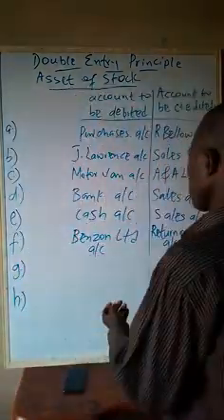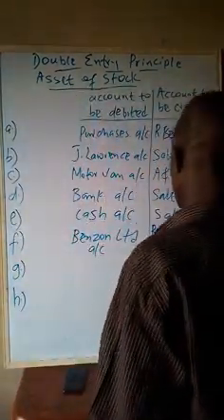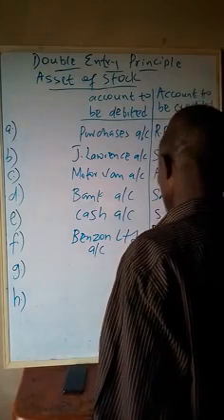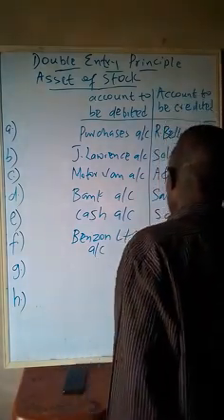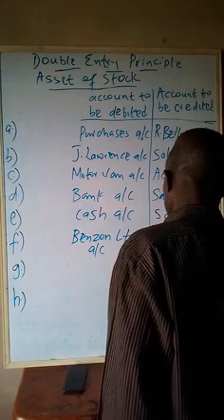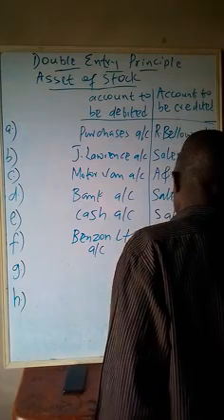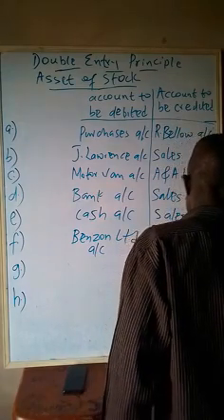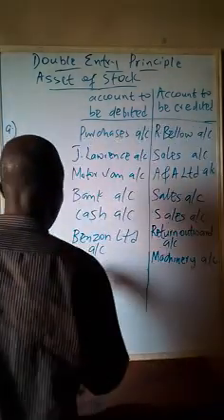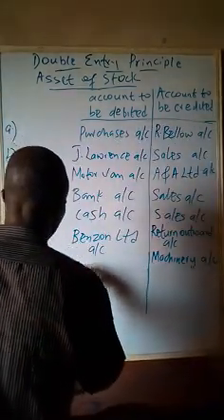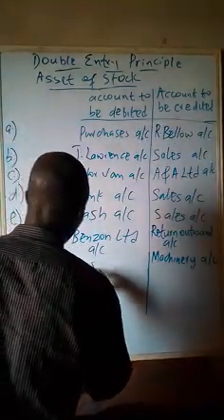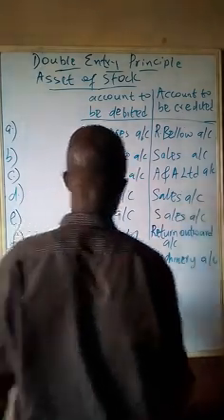Machinery sold for cash. That is, machinery is given out. This is not goods, this is machinery. Then you credit machinery account. And for cash, you debit cash account.